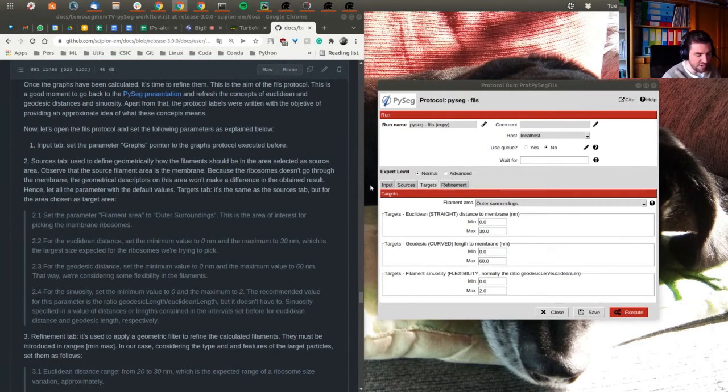The filament is the name that has been given to the representation of the graph objects, but considering only the initial node and the final node within a set of conditions or constraints, which are the ones that we are going to determine using these tabs.